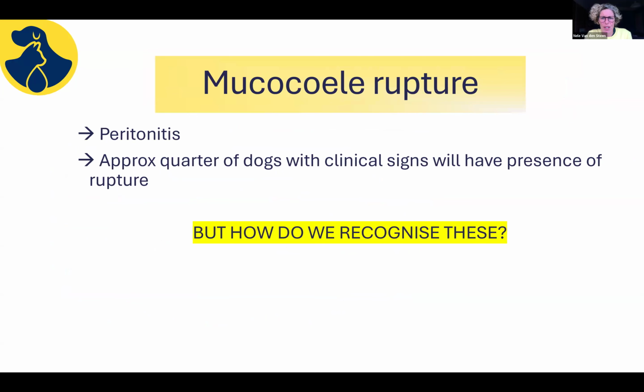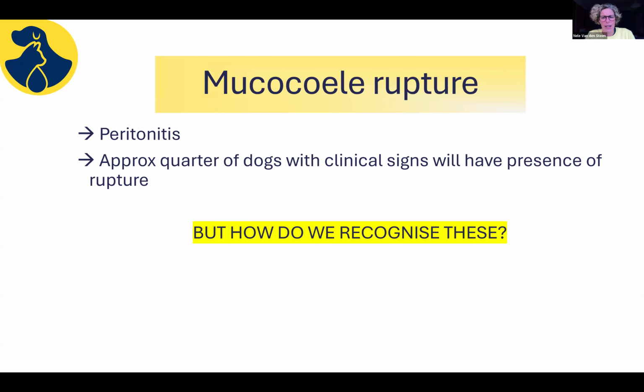Obviously, you get a level of peritonitis. And what we know from the studies where dogs have been taken to surgery is that about a quarter of the dogs with clinical signs, even just the milder GI signs, will have rupture when you take them to surgery. Okay, it might be early rupture, but there will be a level there.